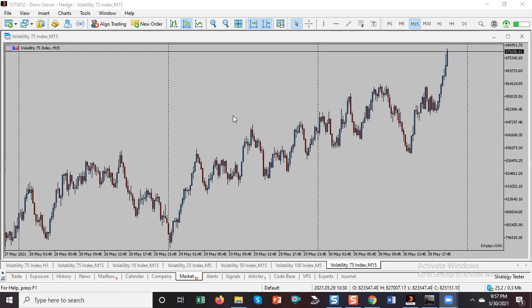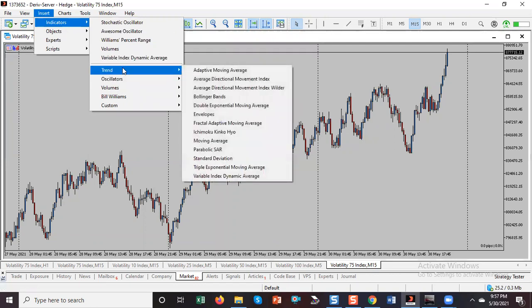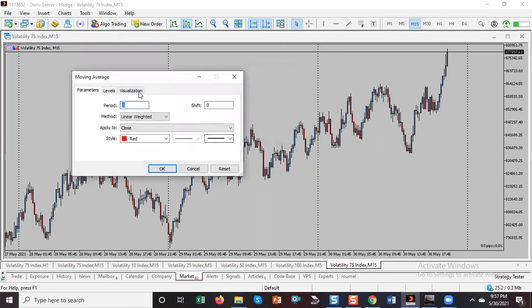So what are we going to be needing for this strategy? We have a couple of indicators that we're going to use, and one of them is the moving average. We're going to add the exponential moving average. The first is the 13 exponential moving average, applied to close, color red.